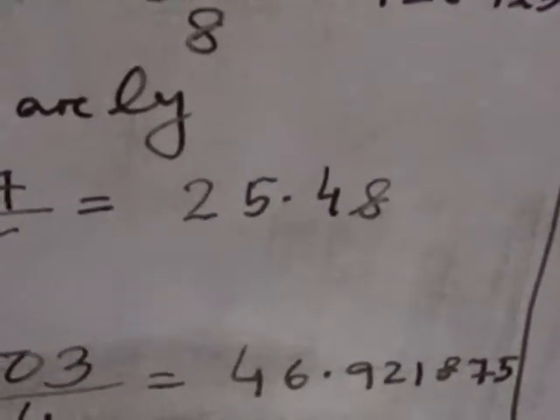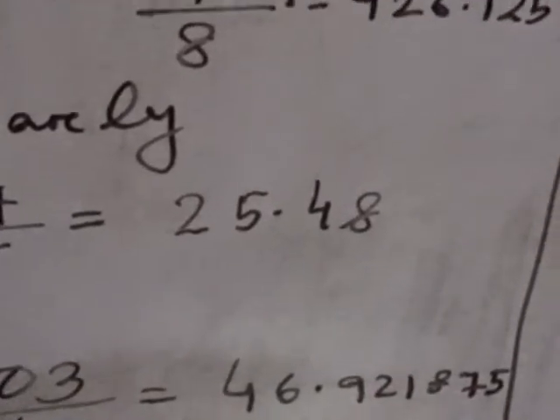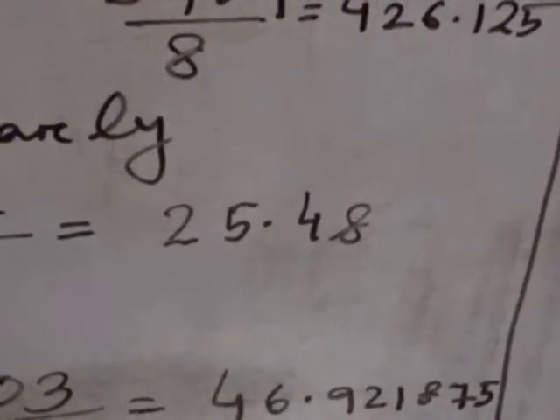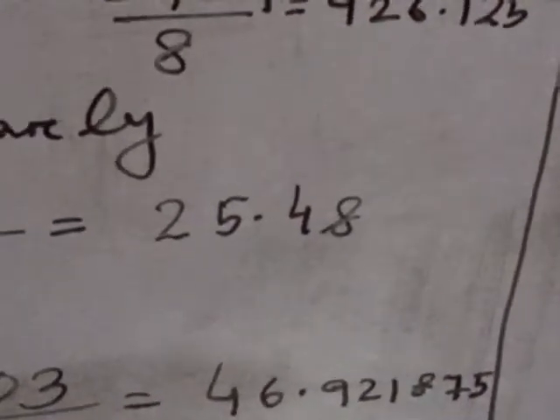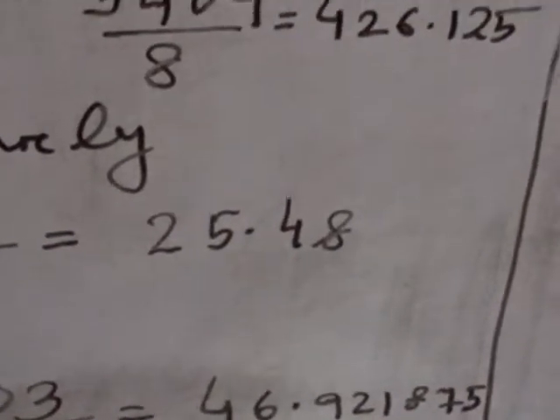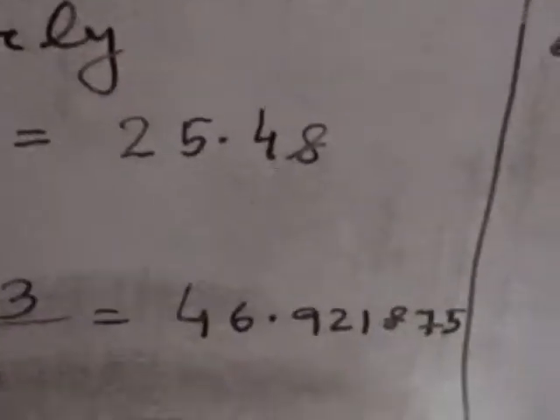So 25 is the integral part or whole number part. After the decimal point, the number is 48, and 48 is the fractional part or the decimal part of the given decimal number.